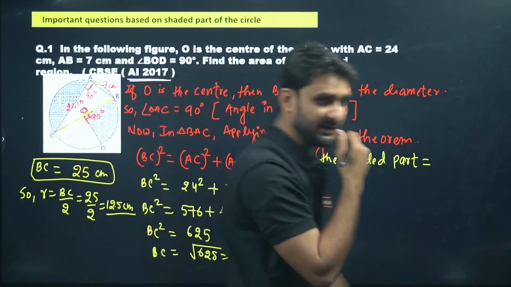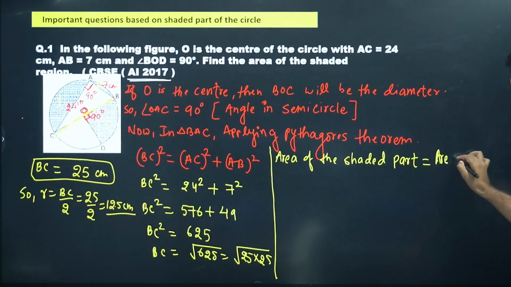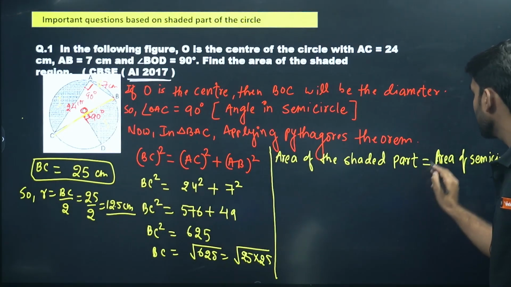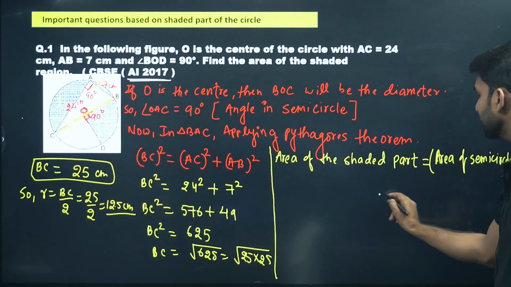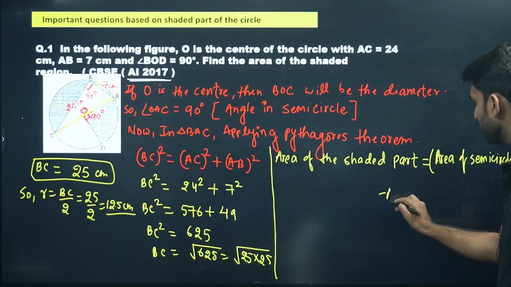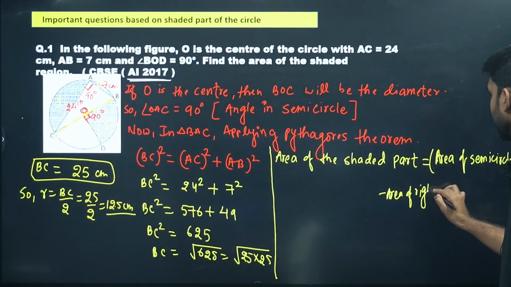So how can we find this? That will be the area of the semicircle, I am writing this statement under bracket, area of the semicircle minus area of the right angled triangle.